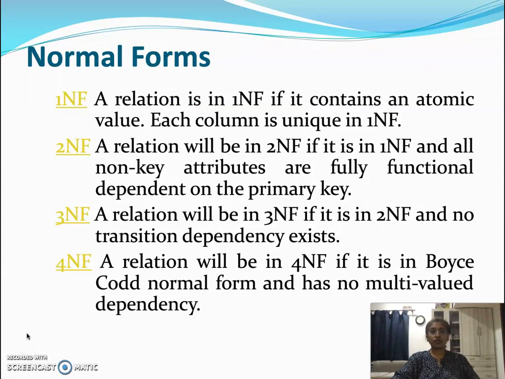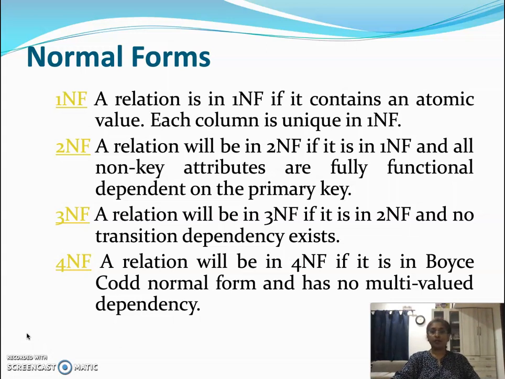These are the various rules for normal forms. The 1NF requires relation to be in atomic values. The second normal form should have all non-key attributes to be functionally dependent on the primary key.